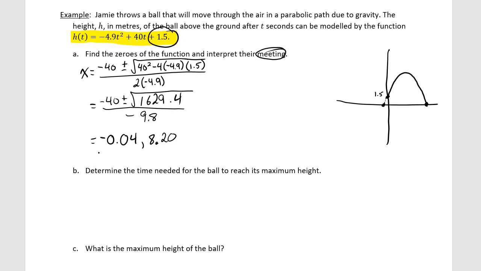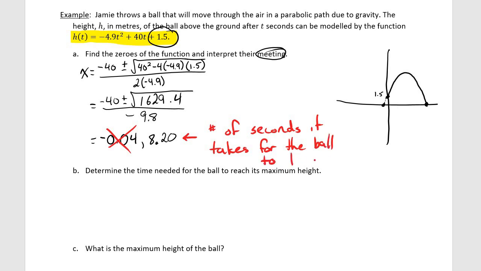So there are my two roots. This one is nonsense, and this is the number of seconds it takes for the ball to land, which is represented by that point right there.